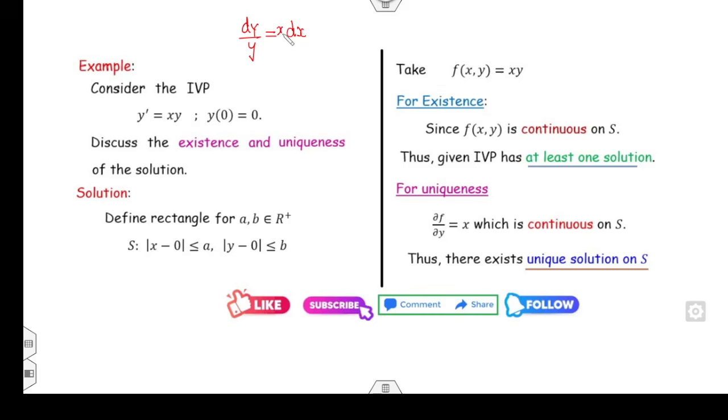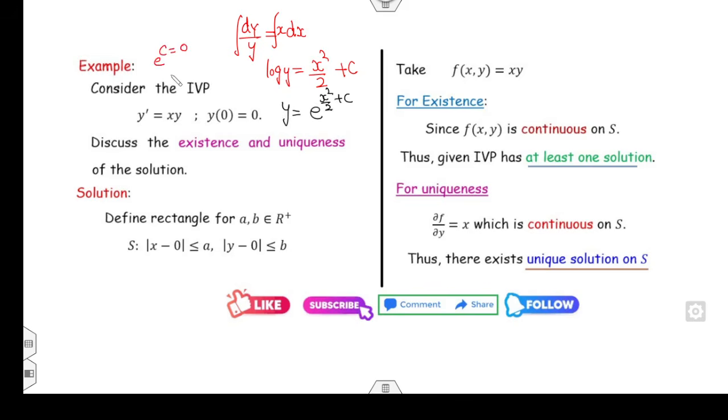ऐसे तो करोगे ना. You can integrate on both sides, so that will be log of y, which is x square by 2 plus c, and y will be e raised to power x square by 2 plus c. Now clearly, whenever x is equal to 0 and y is equal to 0, you will get e raised to power c is equal to 0.